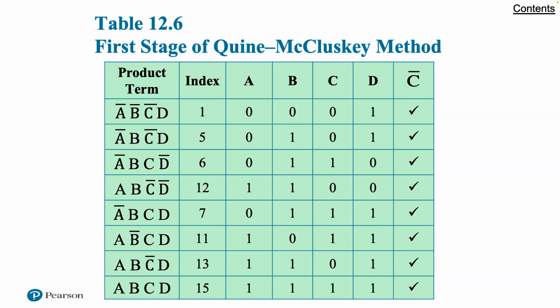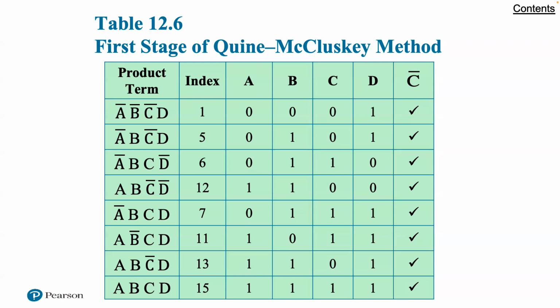An alternative approach is a tabular technique referred to as the Quine-McCluskey method. The method is suitable for programming on a computer to give an automatic tool for producing minimized Boolean expressions. That is useful. So the first step is to construct a table in which each row corresponds to one of the product terms of the expression.